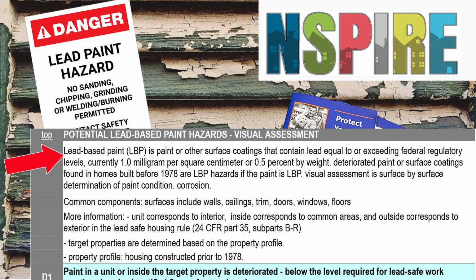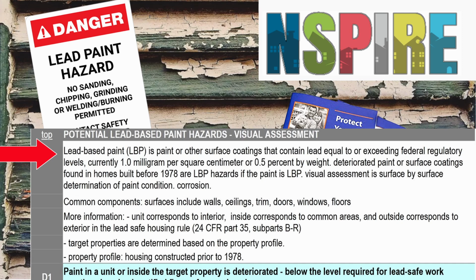Potential lead-based paint hazards, visual assessment. Lead-based paint, LBP in parentheses, is paint or other surface coatings that contain lead equal to or exceeding federal regulatory levels, currently 1 milligram per square centimeter, or 0.5% by weight.